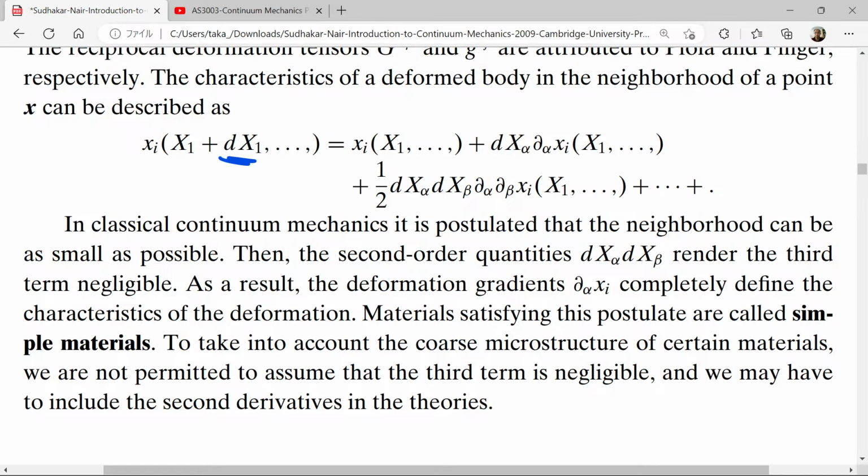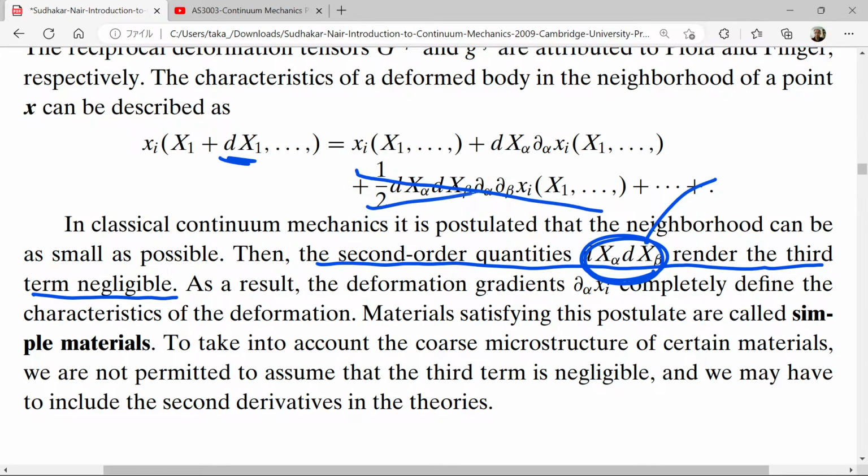So this says the second order quantity renders the third term negligible. Because this is a multiple of small things, this will render this negligible. So the smallest remaining term is this.